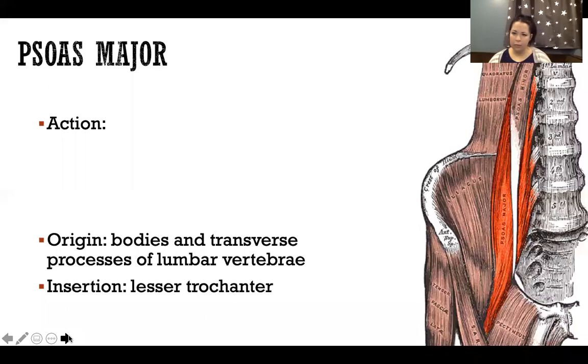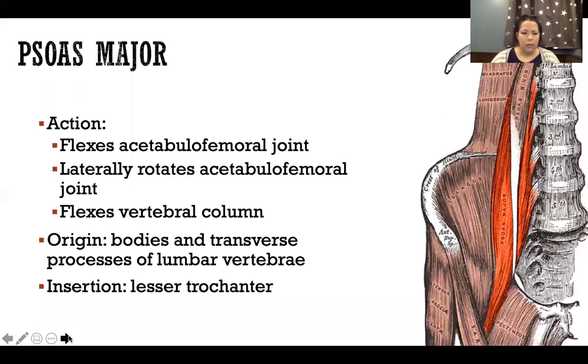Okay, psoas major. So it flexes the acetabulofemoral joint. It's one of our primary hip flexors, laterally rotates, and flexes the vertebral column. Okay, so you can see it's originating up on the bodies and transverse processes of the lumbar vertebrae.